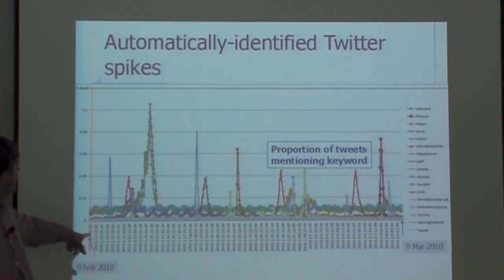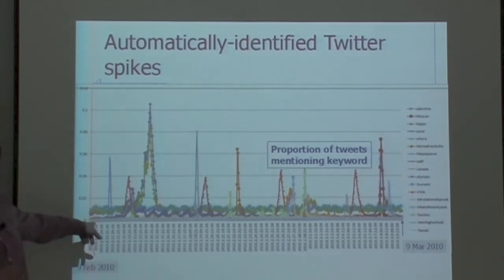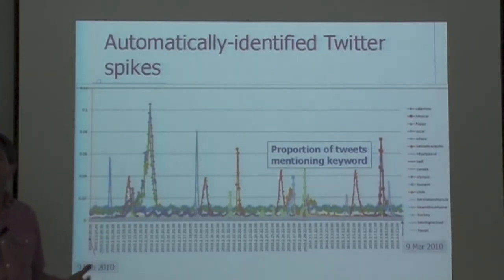So this is a graph of the frequency of use of each word in Twitter, with a few of the words picked out that caused the biggest spikes in the graph. We have a program that automatically identifies spikes for all words used in all tweets. And each of these spikes corresponds to something that suddenly happened.